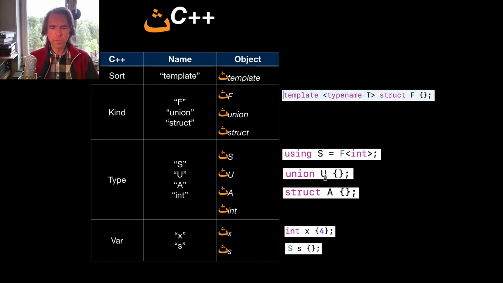And as before, we have the union u and the struct a, and of course union is this named operator that's tied to the union object here, and this union object then creates this u down here. The same way for struct. Struct is here, so that one refers there, and struct is tied to this tar struct object, and this struct object now takes this and creates that one.